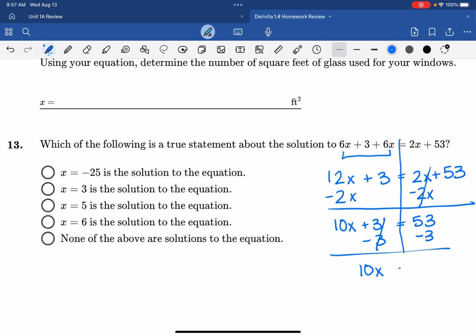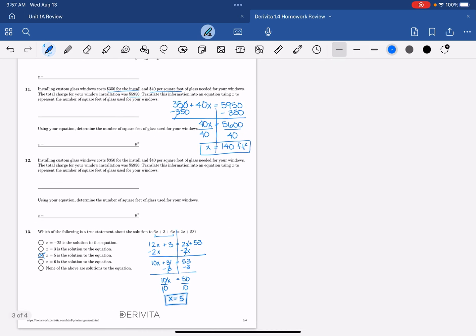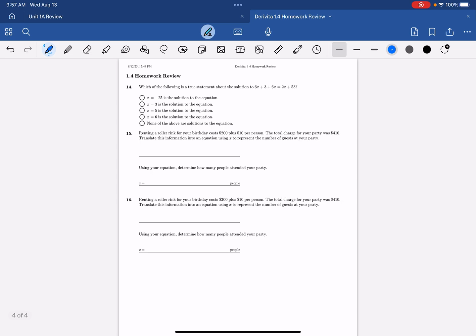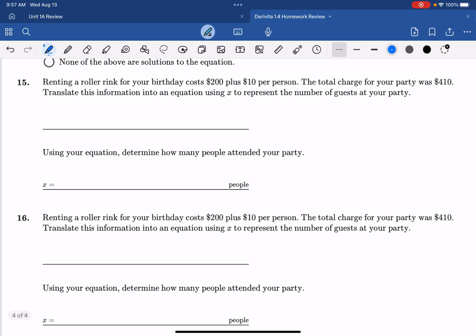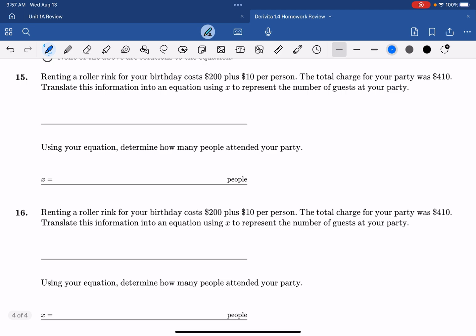So 10x equals 50. Divide by 10. And we know that x equals 5. And then it's multiple choice, so it'll be this answer. Okay, so 13 and 14 are the same kind of question as number 3 on your related. And then the last one is the same as question 4, so I'm going to look at question 15.